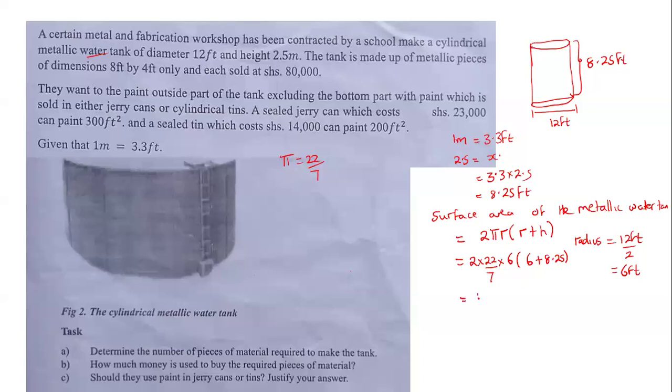Then you'll continue and say this is 2 times 22 over 7 times 6, times... First deal with what is inside the bracket. So you say 6 plus 8.25, which gives you 14.25. Can everyone compute and get the answer you are getting for that part?